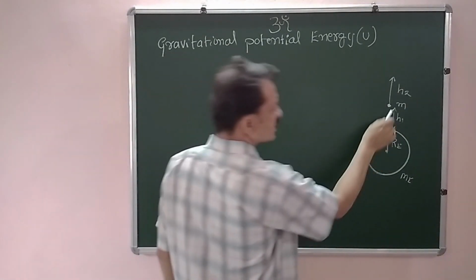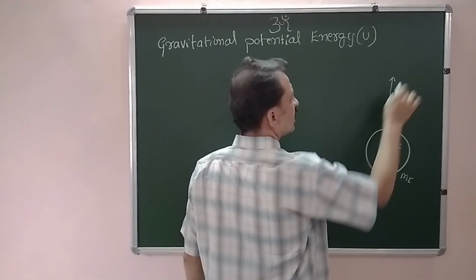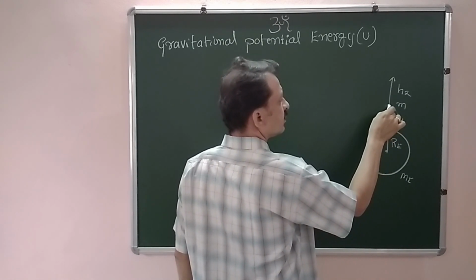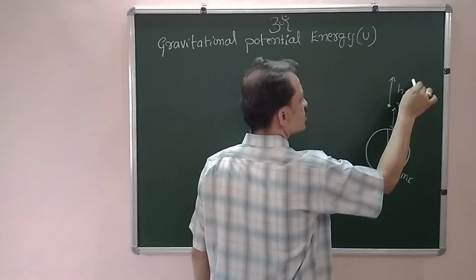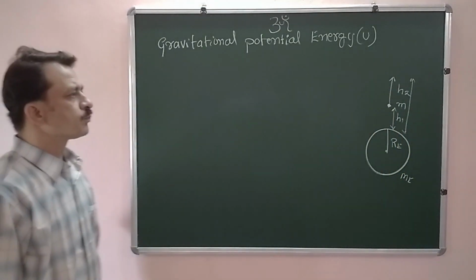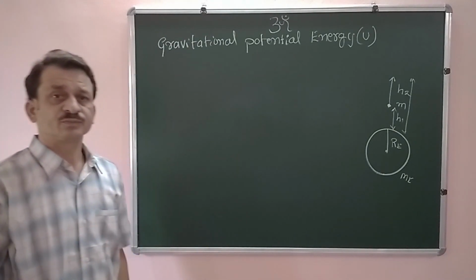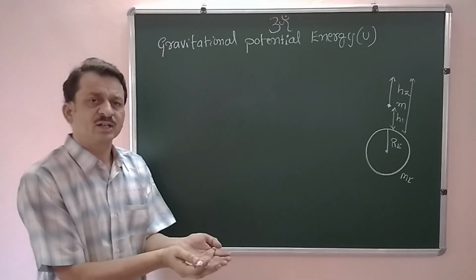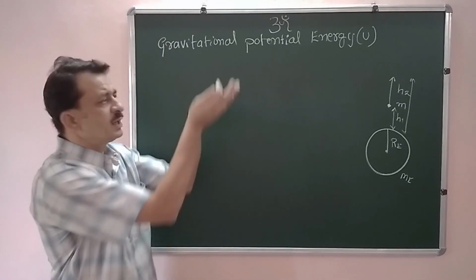Now h1 is the height of the point mass from the surface of the earth. Now I have to lift this point mass from height h1 to height h2. This is h2 height. What has to be done? Work has to be done in lifting from the height h1 to the height h2.